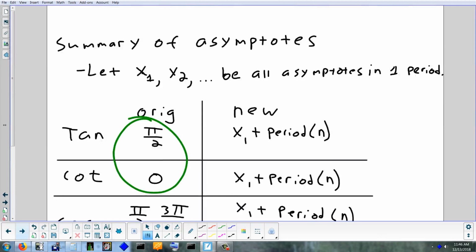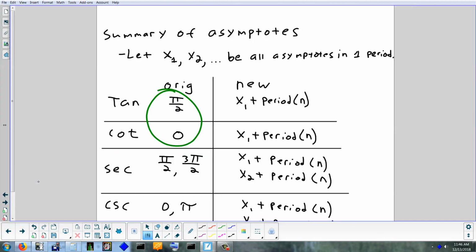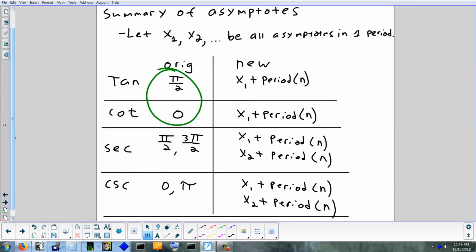All right. So now this is probably the most helpful thing when you're trying to figure out where the asymptotes end up. So this summarizes everything. It shows you in tangent and cotangent that there is 1 asymptote per cycle. Secant and cosecant shows you there are 2 asymptotes per cycle. Now, why did I pick pi over 2 and why did I pick 0?